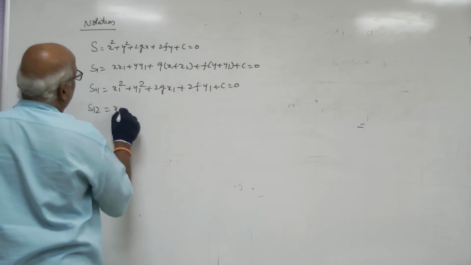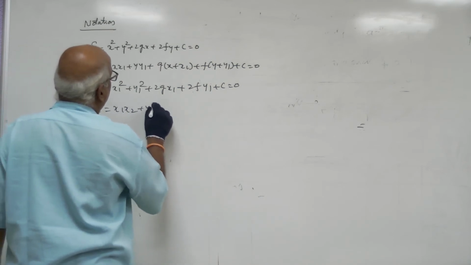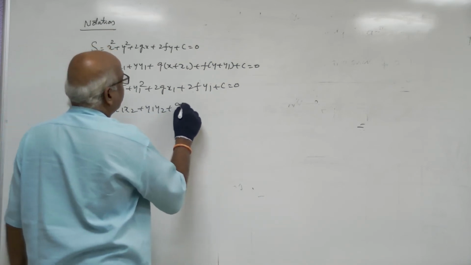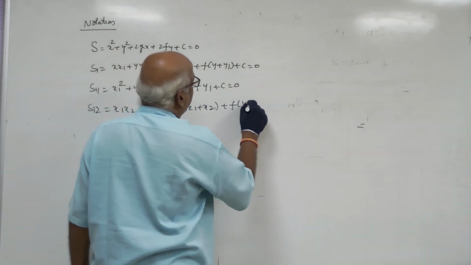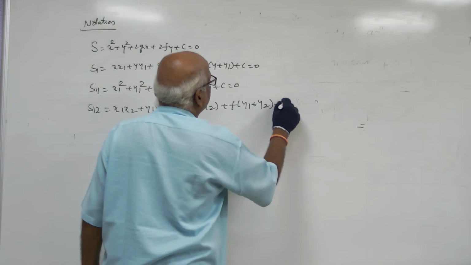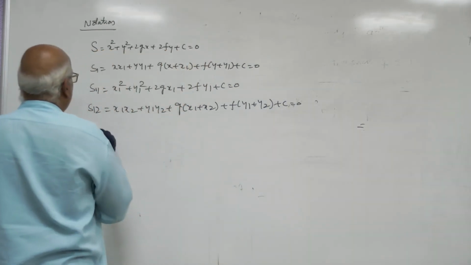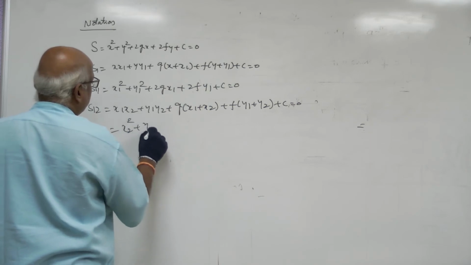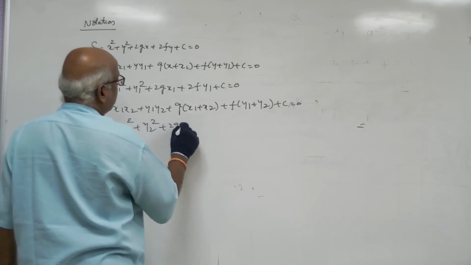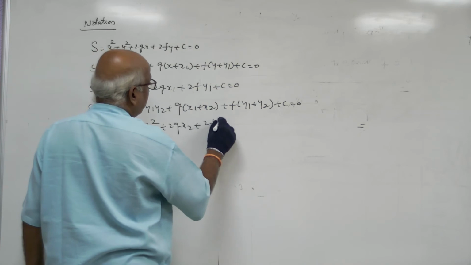S12 is x1 x2 plus y1 y2 plus g into x1 plus x2 plus f into y1 plus y2 plus c. S22 is x2 square plus y2 square plus 2gx2 plus 2fy2 plus c.